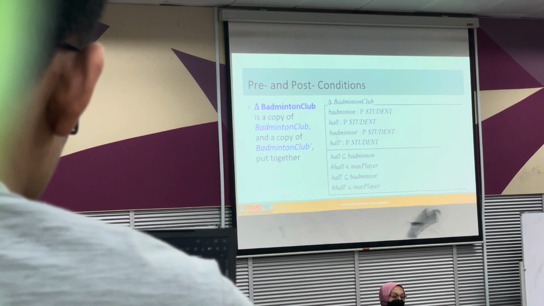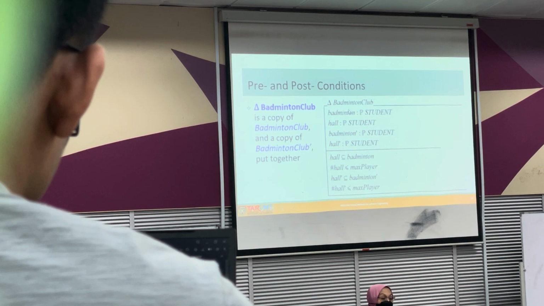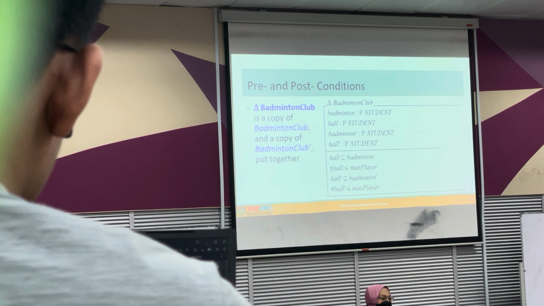Okay. So when you have this, you see this one, Triangle Badminton Club, the name. You have all variables here, variables with prime and without prime. So in our Z schema, we are going to replace all this with just the name only, Triangle Badminton Club. So when you do the name only, you don't have to consider the detail inside.